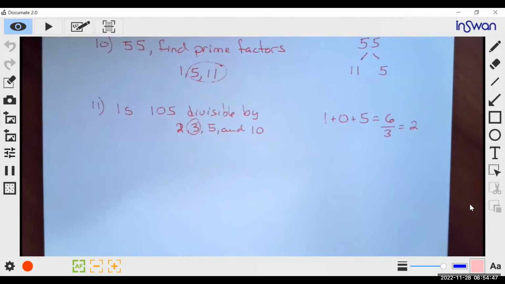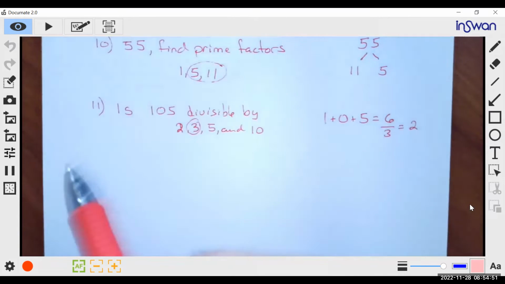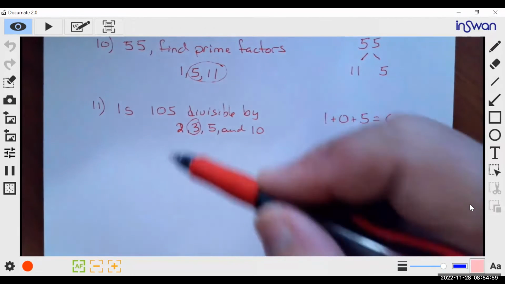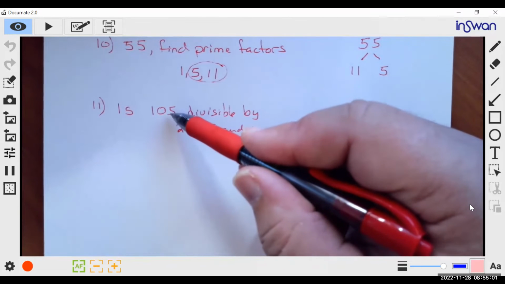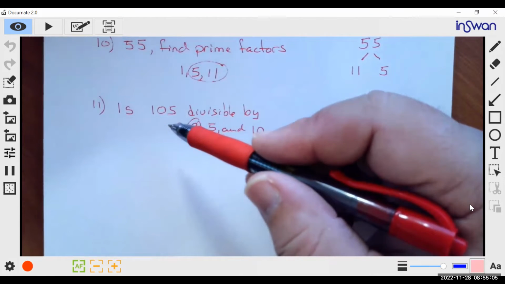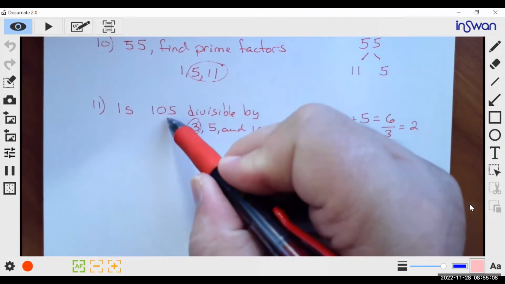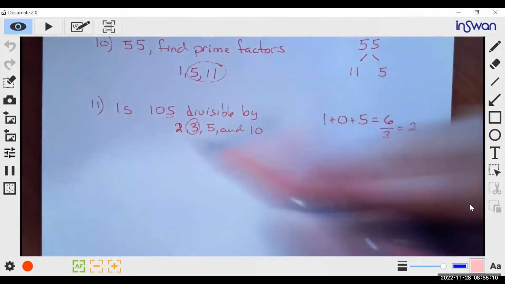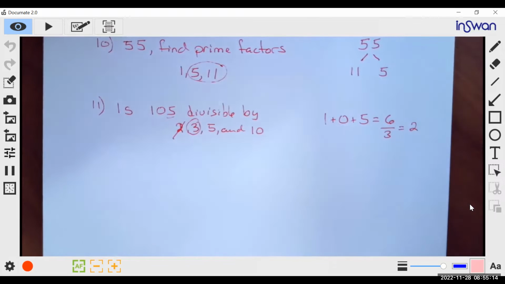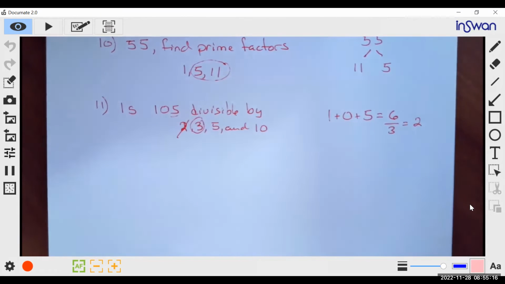Is it divisible by 2? What numbers are divisible by 2? A number is divisible by 2 if it ends in 0, 2, 4, 6, or 8. So if the last digit is an even integer or 0, then it's divisible by 2. 5 is not, so that's not. Is it divisible by 5?